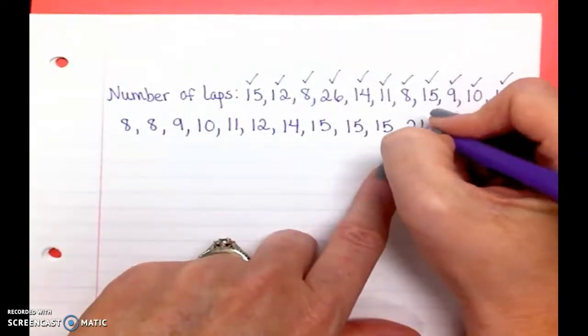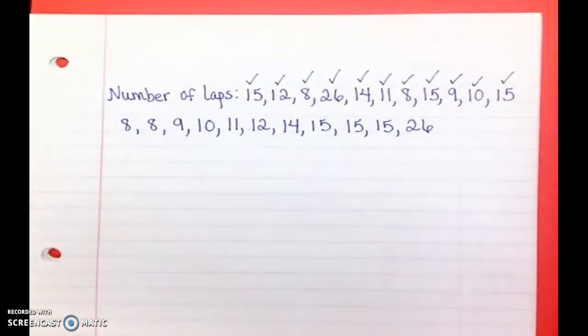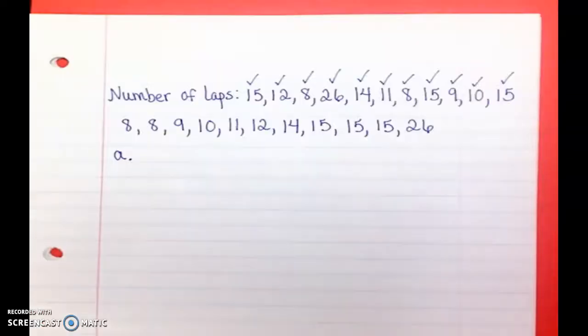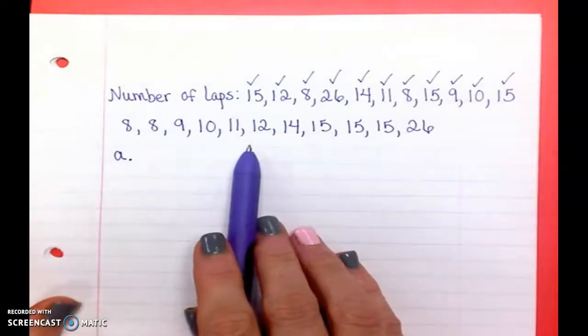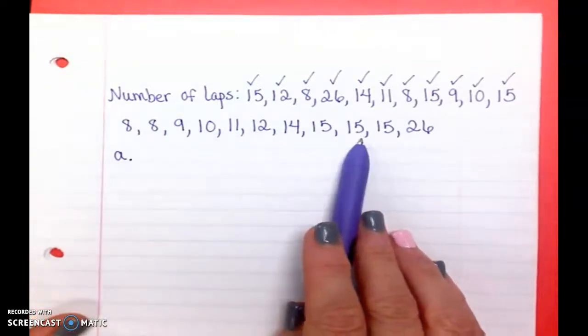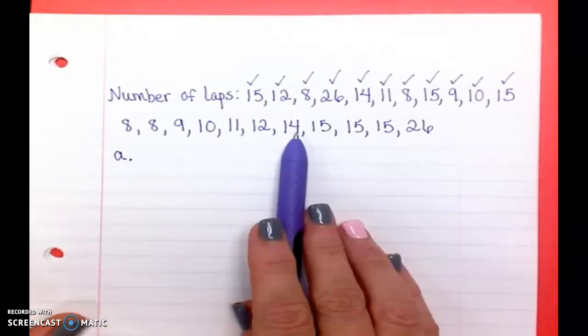And 26. All right, so now that we have our numbers in order, let's go back to the slide and let's look at A. So A says, what was the most common number of laps ran? Okay, so if we look, the most common number is going to be our number that is on here more than any other number.